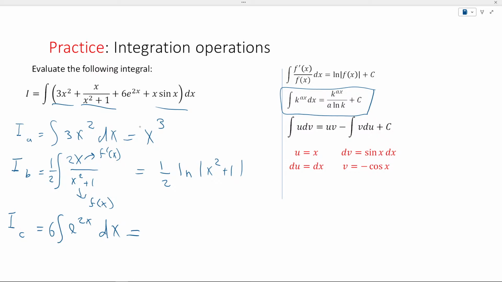That would be e to the power 2x times a, which is 2, times ln e, and ln e is equal to 1.